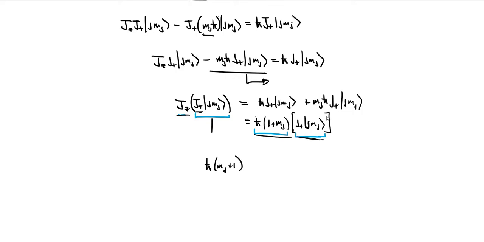Sorry, let me rephrase that. The J_+, or this angular momentum raising operator, acting on one of our angular momentum eigenstate vectors, results in the state one higher in that manifold.